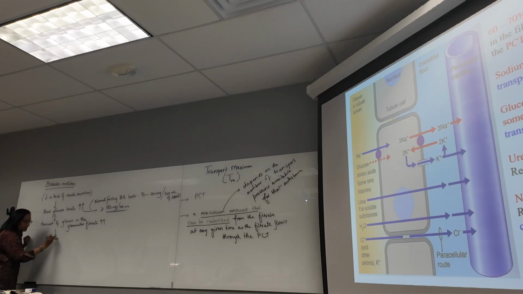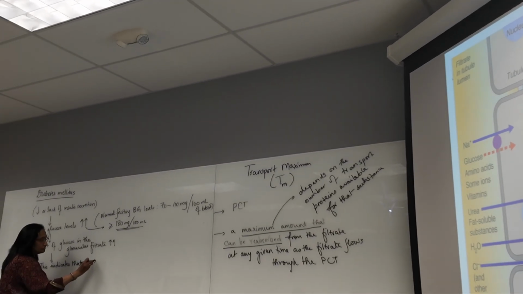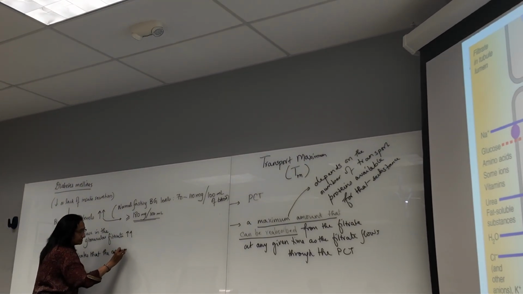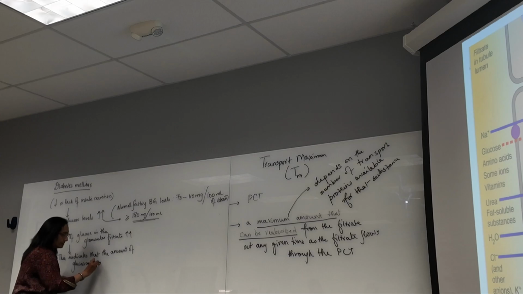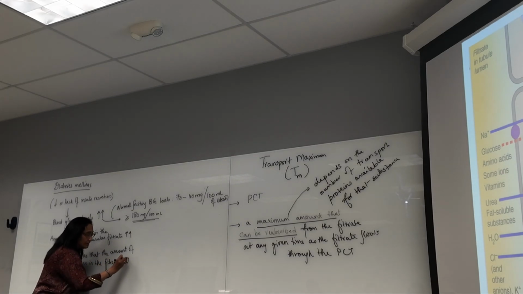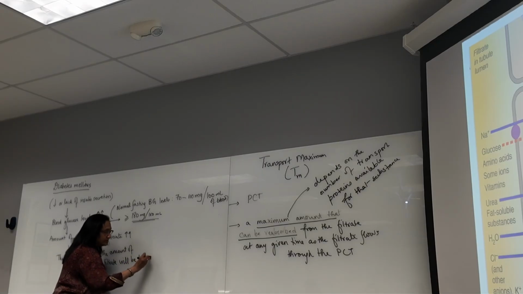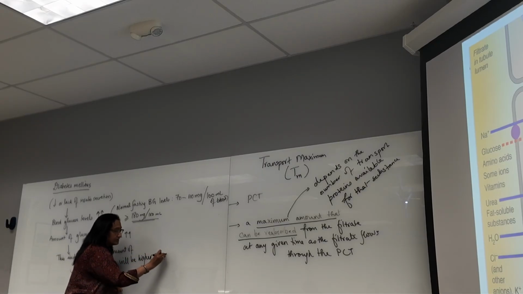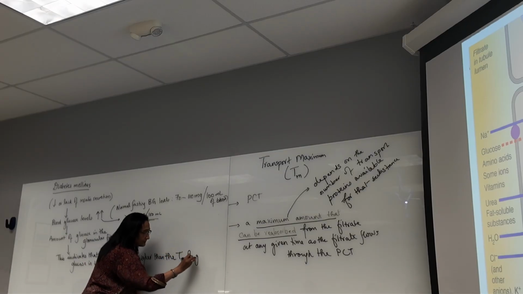Okay? So what does this indicate? This indicates that the amount of glucose in the filtrate will be higher than the transport maximum for glucose.